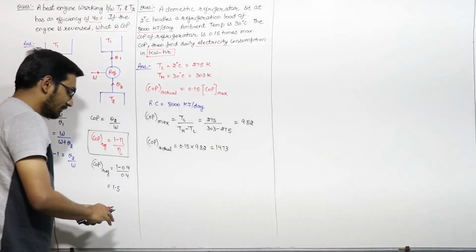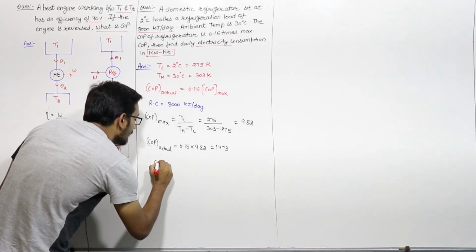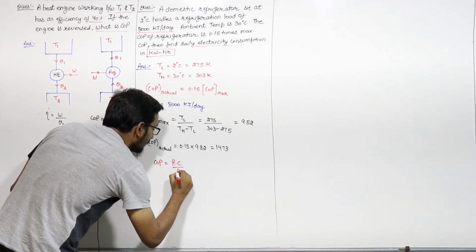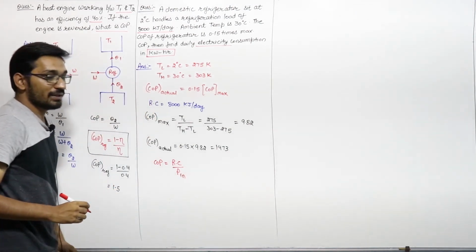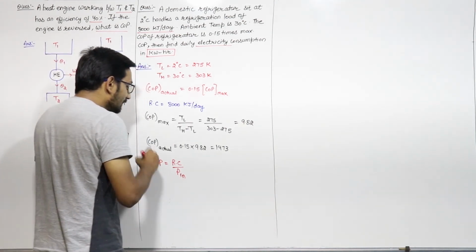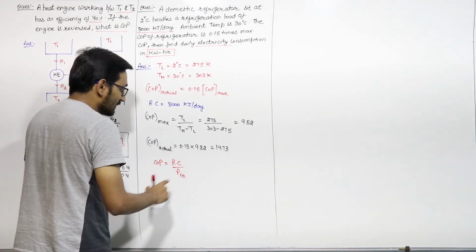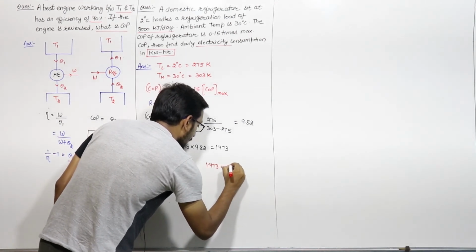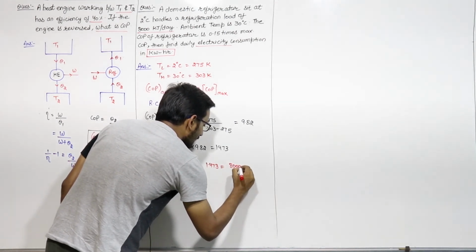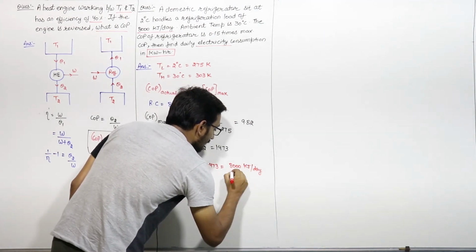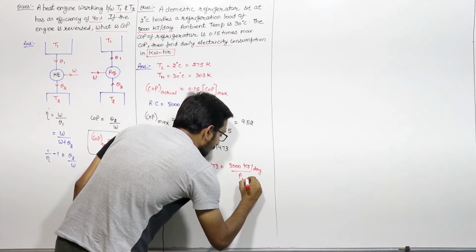Now we know from the basic formula that COP is equal to refrigeration capacity upon power input. So we will say that this COP 1.473 is equal to the refrigeration capacity, 8000 kilojoule per day, divided by the power input.